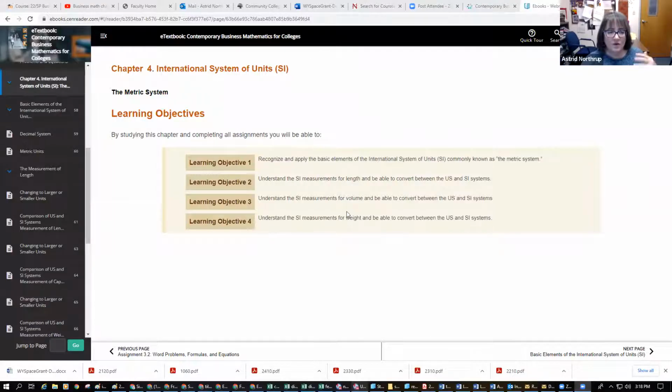You can use those two terms interchangeably, SI system or metric system. The reason that we talk about them is because every country in the world except 3 uses the SI system.